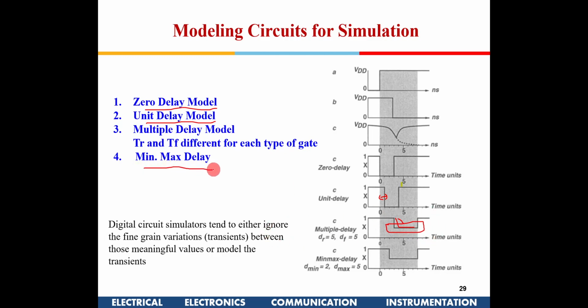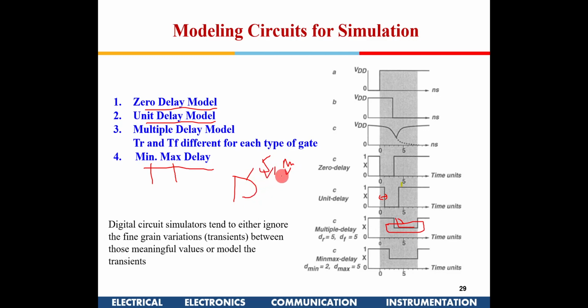And then you could have a max and minimum delay. For each gate, you can specify this is the minimum delay and this is the maximum delay. When we do STA in our advanced VLSI class, we will see that each gate is defined by a max delay or minimum delay. Whether to take max or minimum depends on the analysis we do.